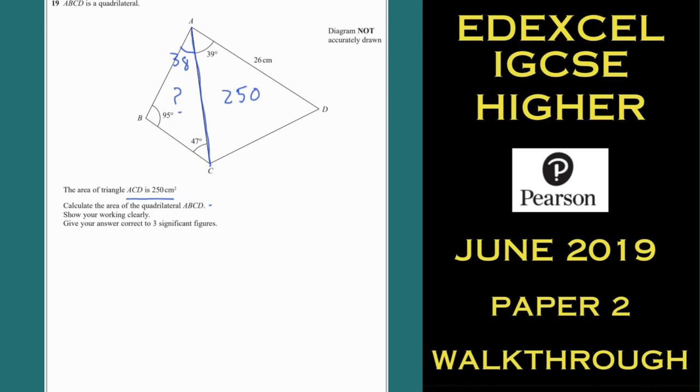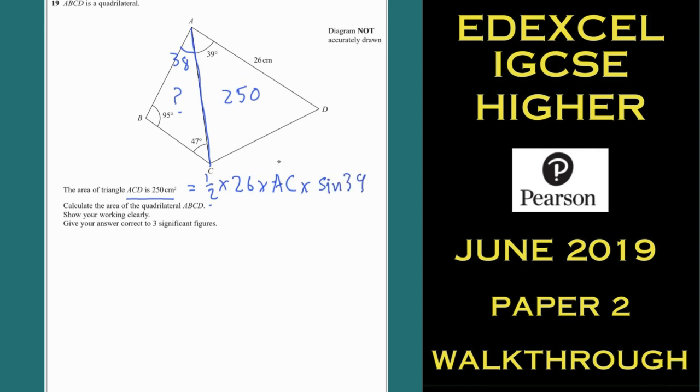Well, why have they told us the area of the triangle? So the area of the triangle is 250. The formula for the area of a triangle, which is non-right angled, don't forget, is a half times one of the sides, 26, times the other side, AC, times by the sine of the angle between them.